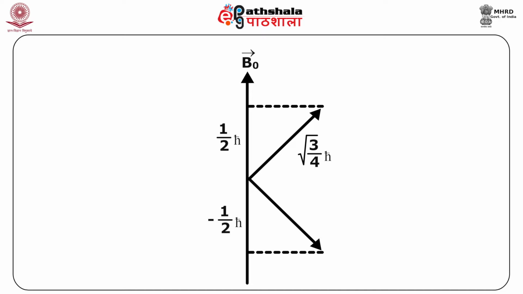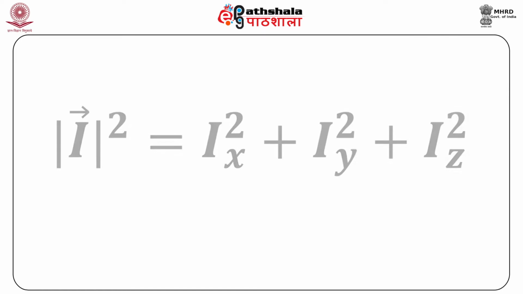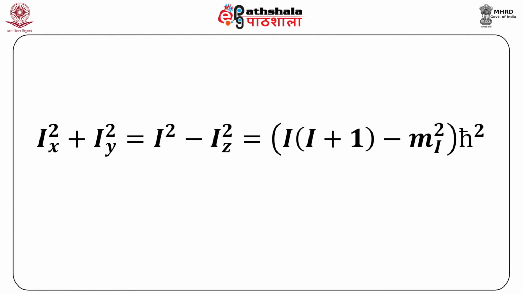The length of the arrow is proportional to the square root of half into half plus 1, into h cross, and the components are either minus half h cross or plus half h cross. Also, since only I and one of its components Iz are quantized, it follows that since I square is equal to Ix square plus Iy square plus Iz square, Ix square plus Iy square is equal to I square minus Iz square, or if you put in the quantized values, this is I into I plus 1 minus Mi square into h cross square.